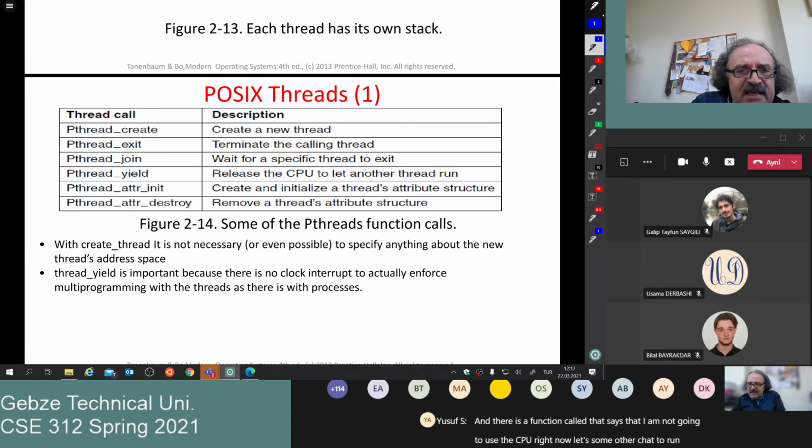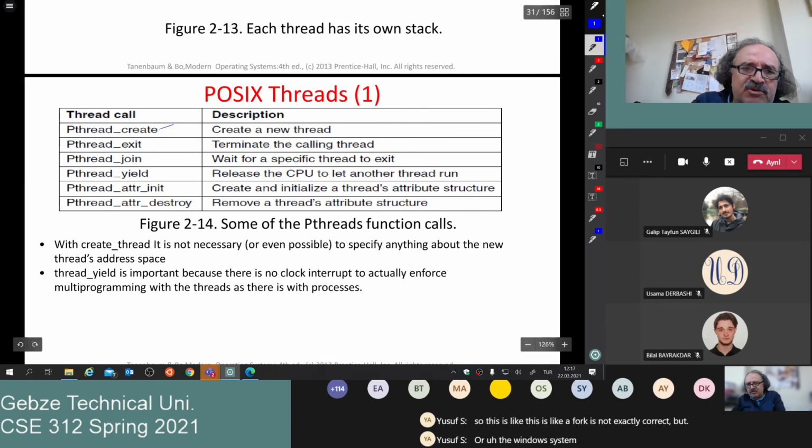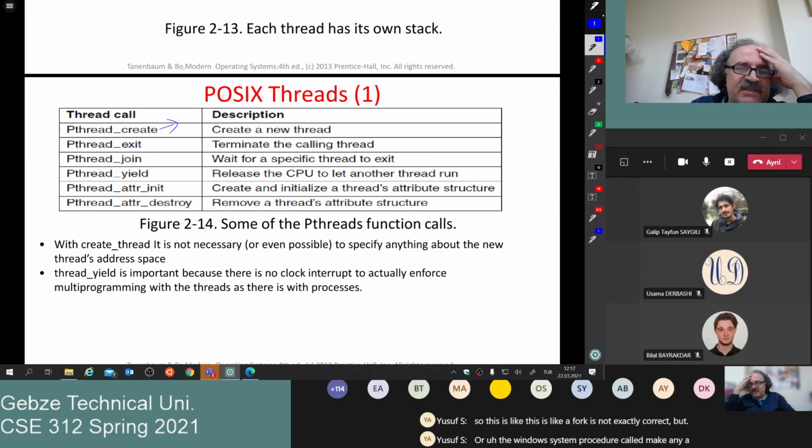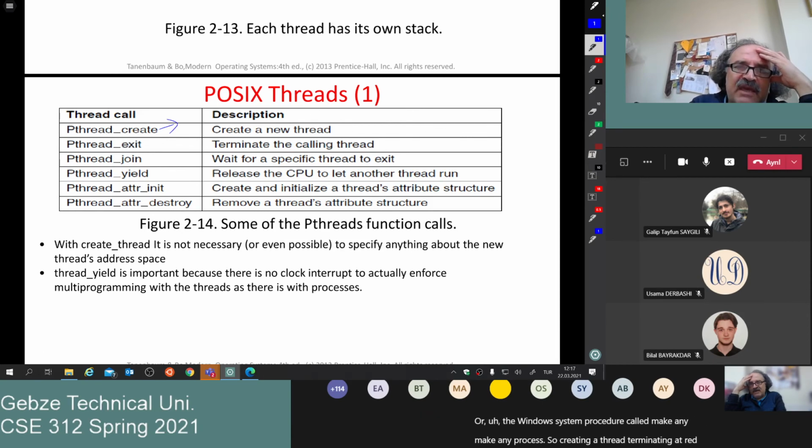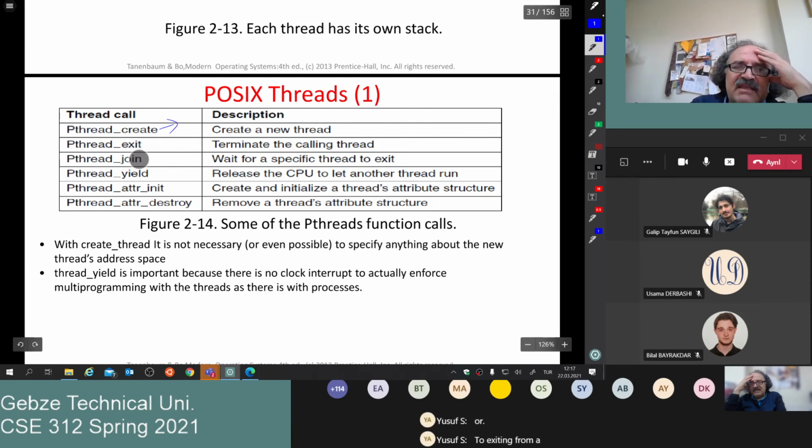So this is like a fork. It's not exactly fork, but like the Windows system procedure called make a new process. So creating a thread, terminating a thread, or exiting from a process. This is like wait PID, right? Remember wait PID?